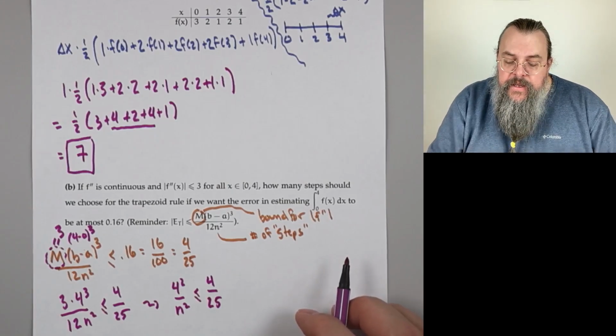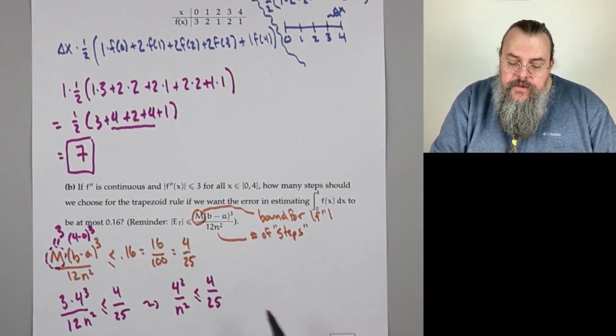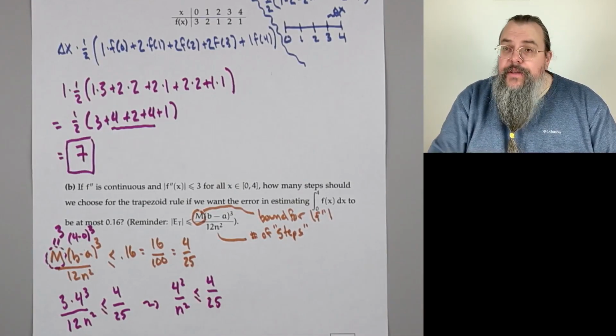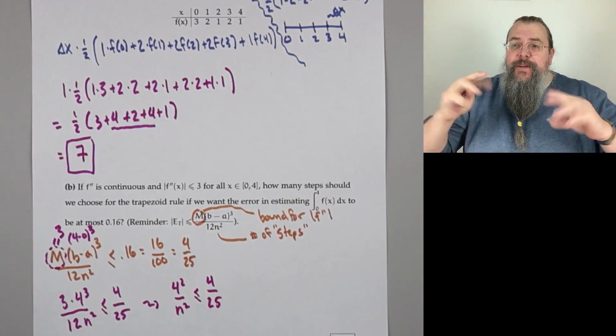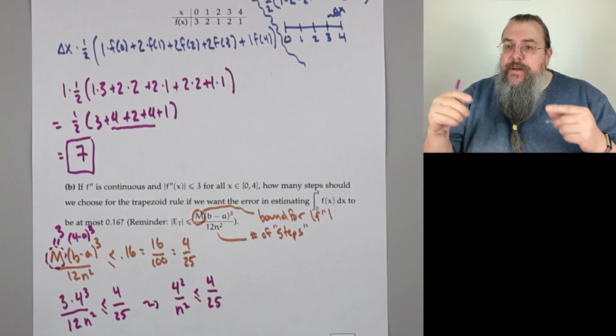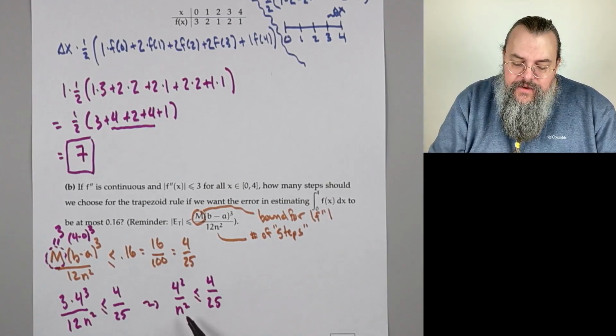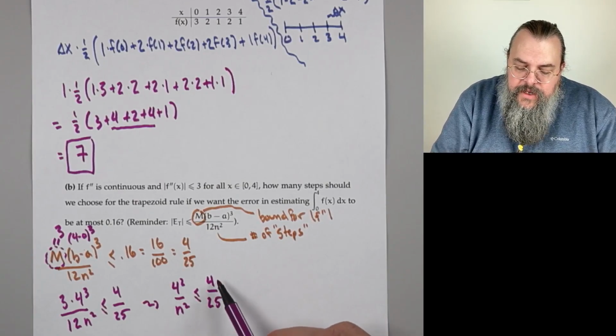Okay. Now, there's a couple things you can do here. You could flip both sides, but remember, if you flip both sides, you have to flip the inequality. I'm going to cross multiply. So I'm going to move the n squared across, move that 25 across, and we could even divide by a 4.